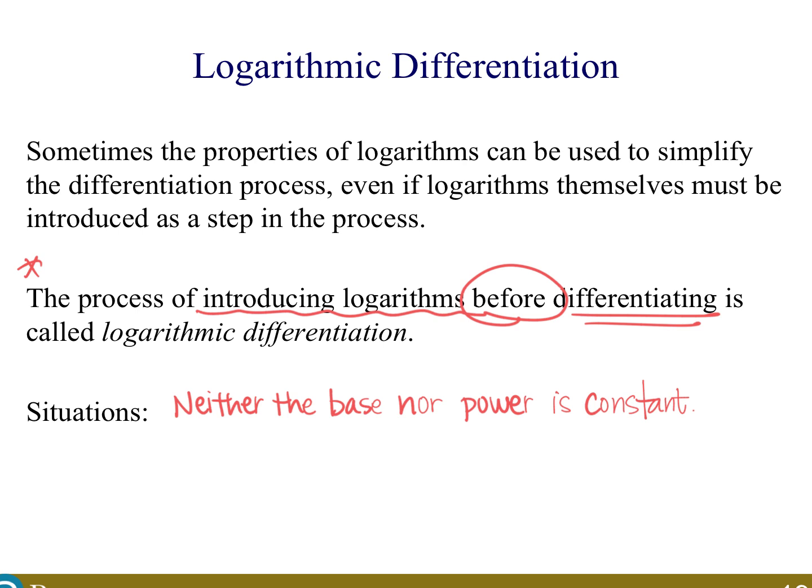You can also use this technique as an alternate to the quotient rule. So if you're looking at the question and you're like, oh, that quotient rule is going to be really hairy and scary, it's just going to have so many subtractions and squares, and it's just going to look like a mess.